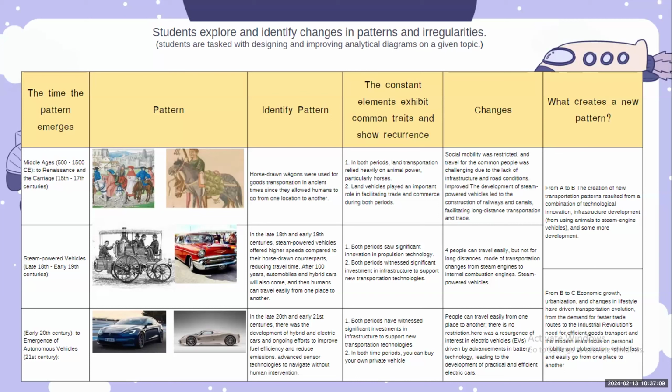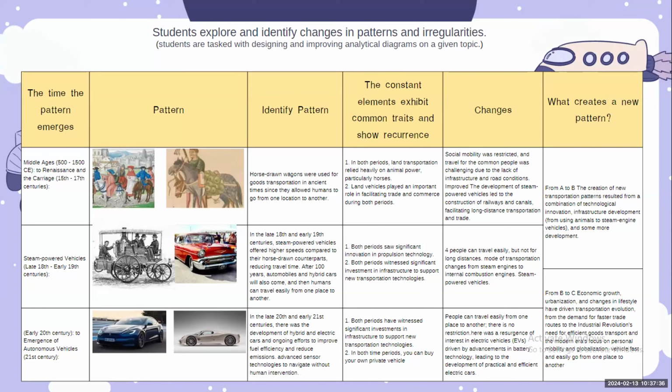There was only short-distance traveling, and fuel and engines were not good transportation, just steam engines moving to internal combustion engines and steam-powered vehicles. After the changes, people could travel easily from one place to another. There is no such restriction in the 20th century.